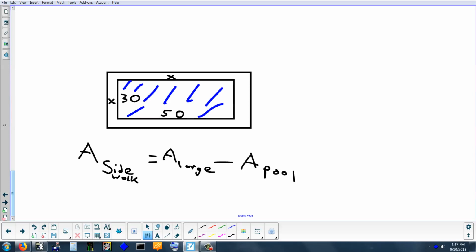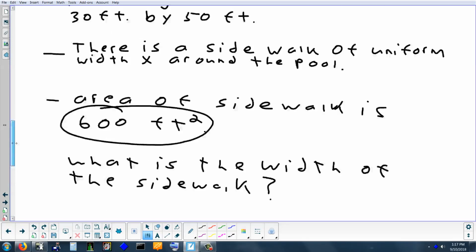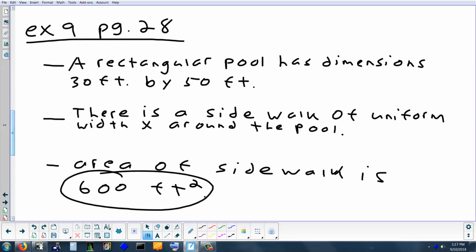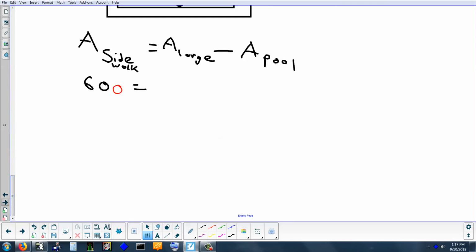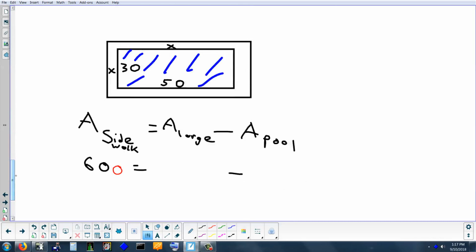Now, if we can fill the right numbers in, then we can find x. Well, area of the sidewalk, 600. We already know that. So that's 600. And the area of the pool, well, we don't know it, but we can find it. The pool's 30 by 50.